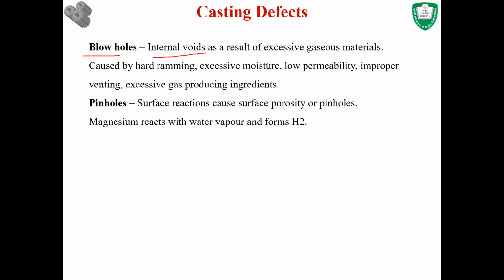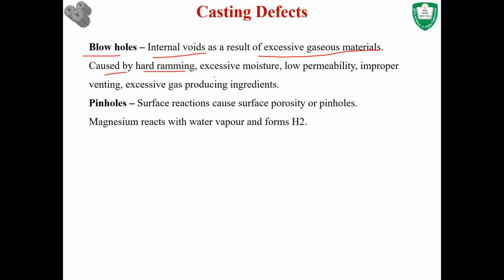Blowholes are internal voids as a result of excessive gaseous material. If the mold produces an excessive amount of gas, that may be caused because of hard ramming. If ramming is very hard, then gases cannot escape through the mold.